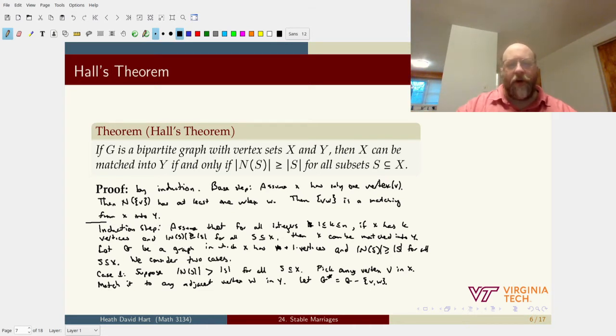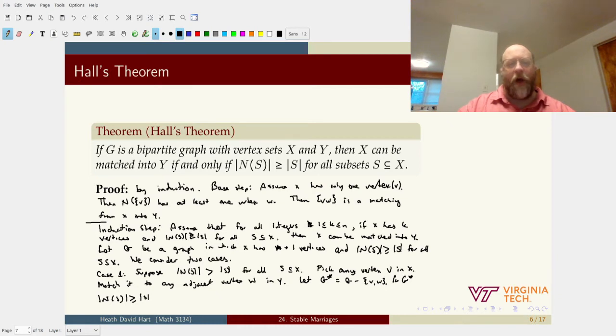Now in G star, N of S will be greater than or equal to S. And here's why. For any subset of X, and I look at the neighbors of the subset, this was true in the original graph. If I dropped X from S, then this gets smaller by 1.